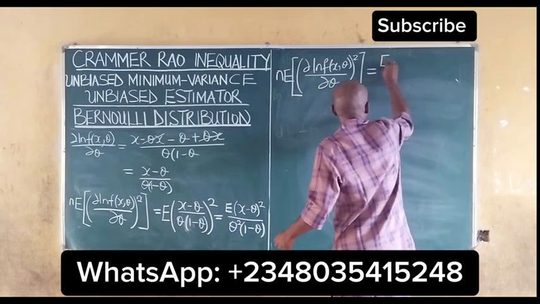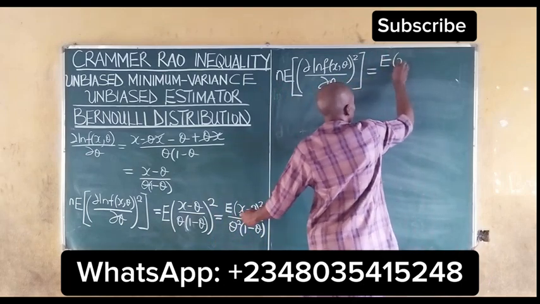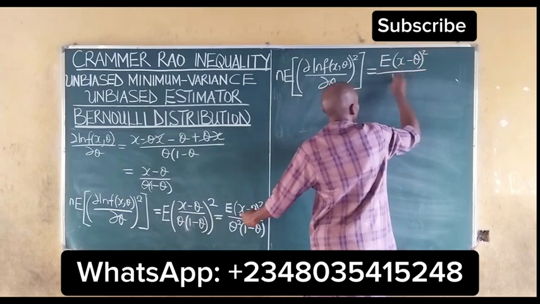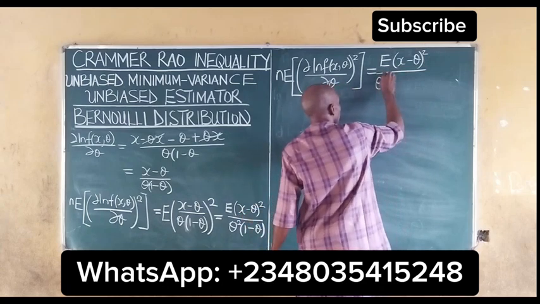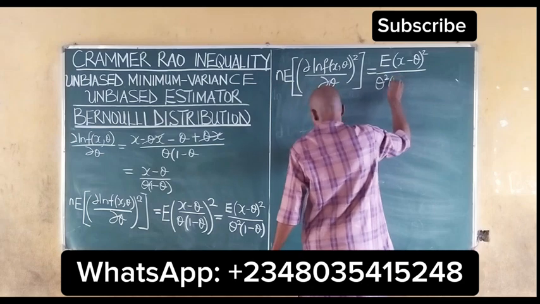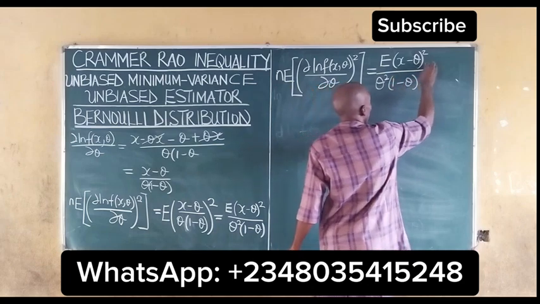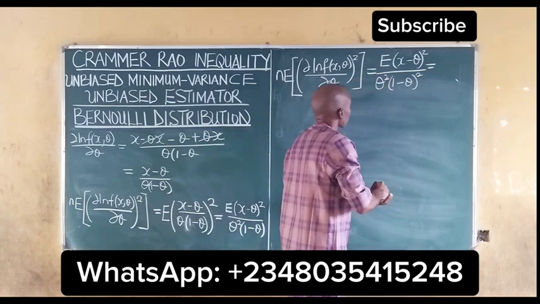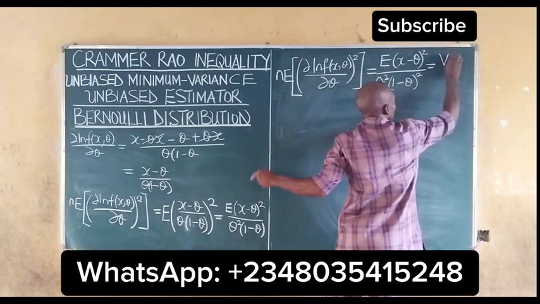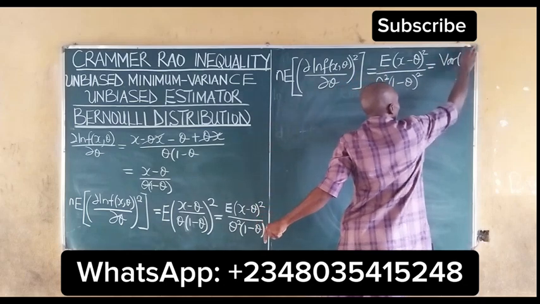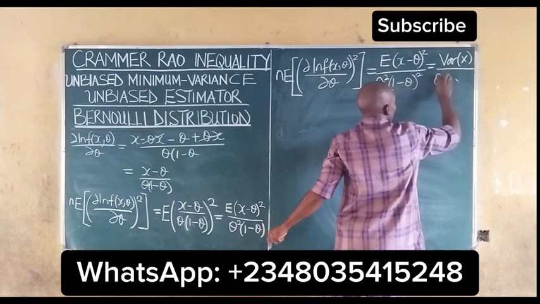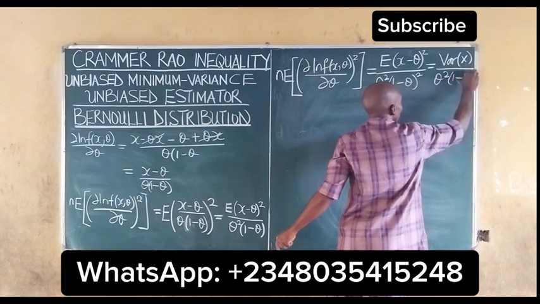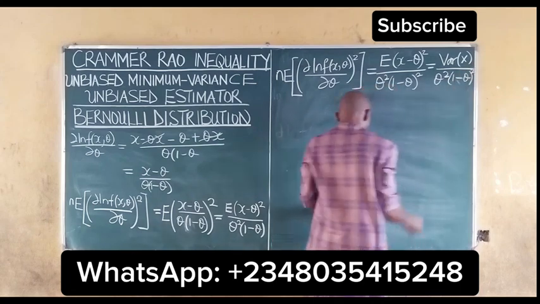We have this to be the expected value of x minus theta squared all over theta squared into 1 minus theta squared. We know that this is the variance of x, so the whole of this is the variance of x all over theta squared into 1 minus theta raised to the power of 2.